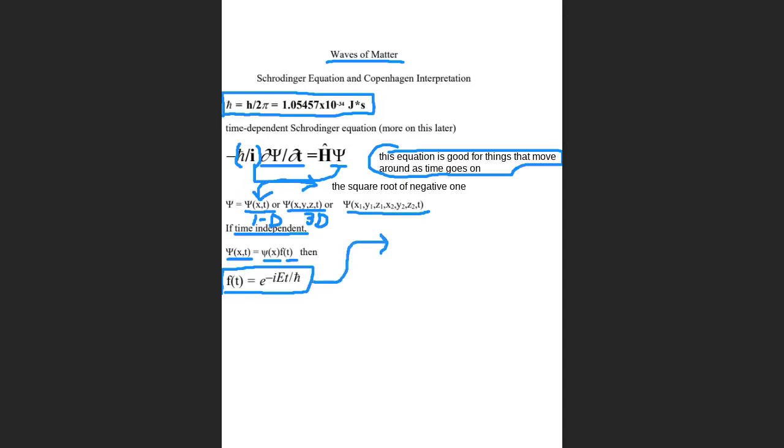I want to come back to this in a bit. Basically, if we don't have to worry about time, and there's a reason we're going to be able to ignore it, all we need to think about is this position function if things are not moving with time.